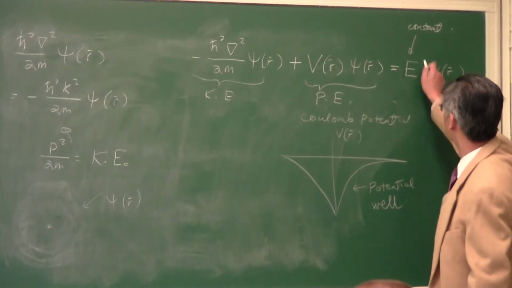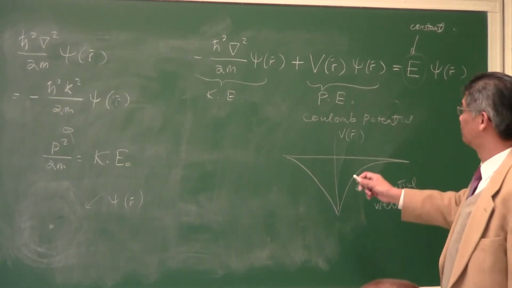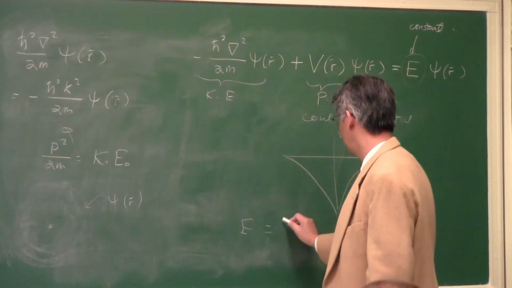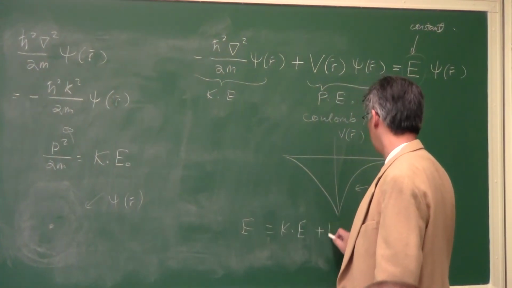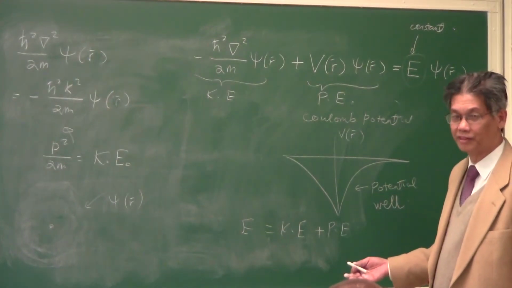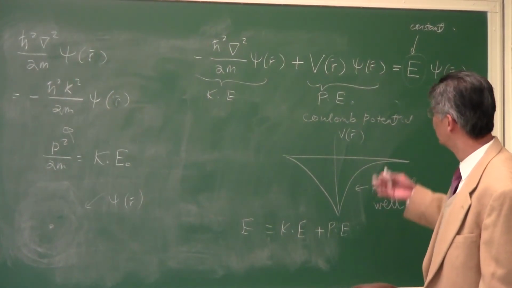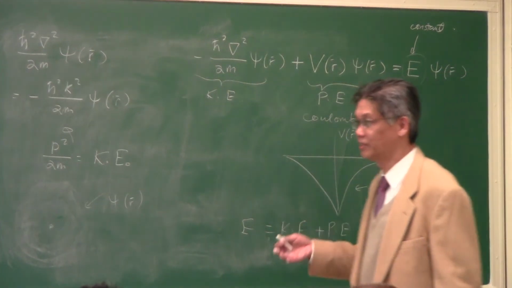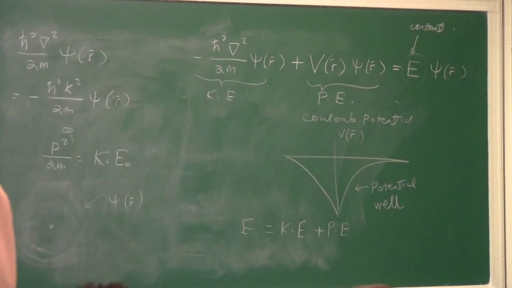And then E is the energy of the total system. E is equal to kinetic energy plus potential energy. The total energy of the system always has to be constant. Schrödinger came up with this idea, and using it, he was able to predict a lot of spectroscopic observations you can see in chemistry. And hence, this equation is named after him.